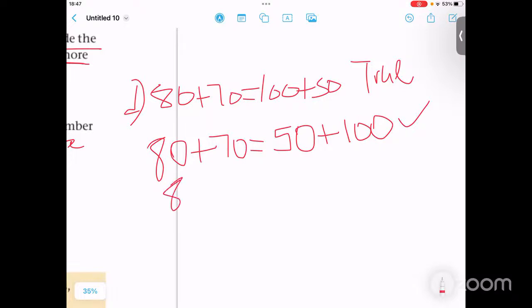And again, we're going to have 80 plus 70 is equals to, maybe let's do 110 plus 40. Because when you add the two, you must get what? You must get 150. So 110 plus 40 is equal to 150. Are we all good?